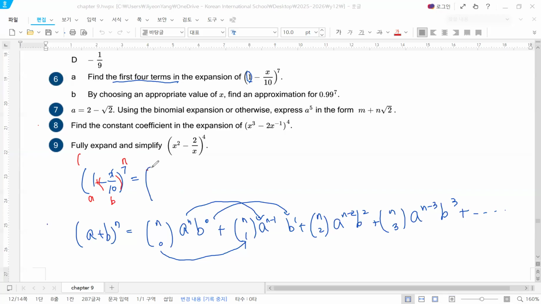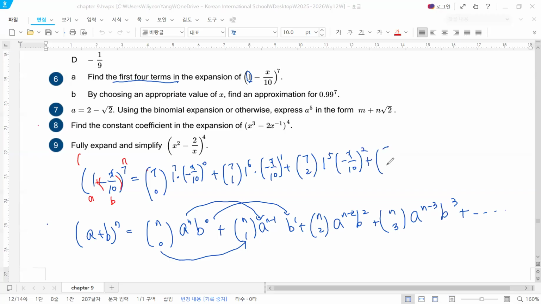So instead of n, write down 7C0, 1 to the power of 7, b, which is negative x over 10 to the power of 0, plus 7C1, 1 to the power of 6, negative x over 10 to the power of 1, plus 7C2, 1 to the power of 5, negative x over 10 squared, 7C3, 1 to the power of 4, negative x over 10 to the power of 3.